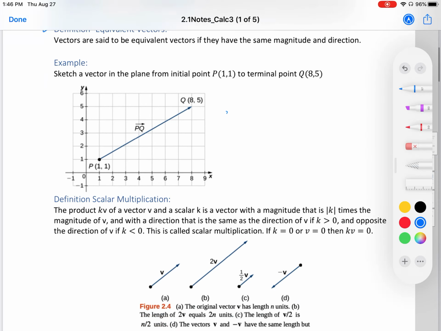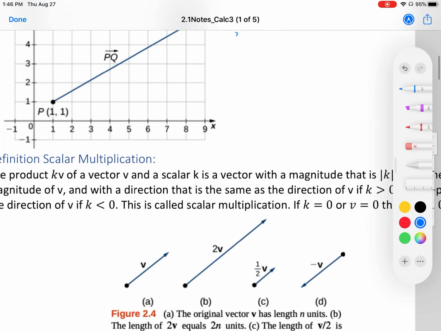So let's see an example of a vector. This example is asking us to sketch a vector in the plane from initial point (1, 1) and terminal point (8, 5). All right, so we see the solution here. All these images are from your textbook. We have a starting point.